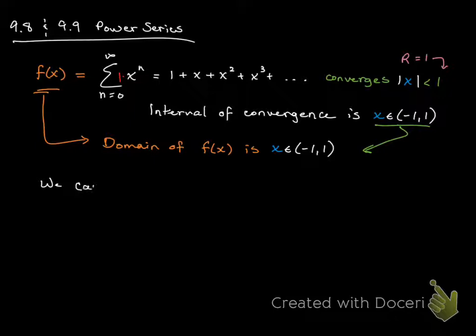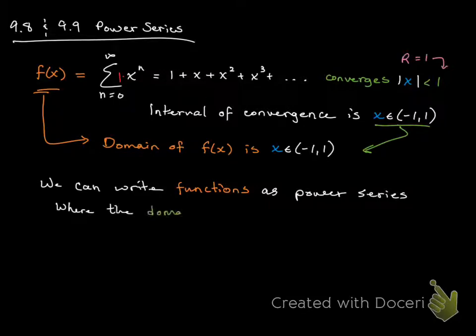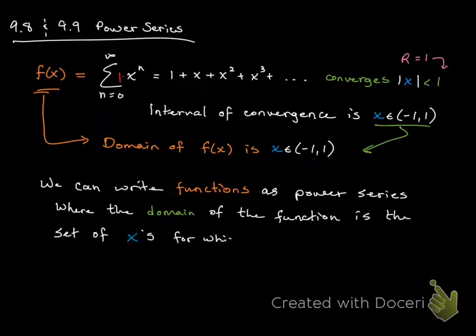Now, in general, that's going to be the case, right? We say we can write functions here as power series where the domain of the power series, of the function even, is the set of x's for which the power series converges.